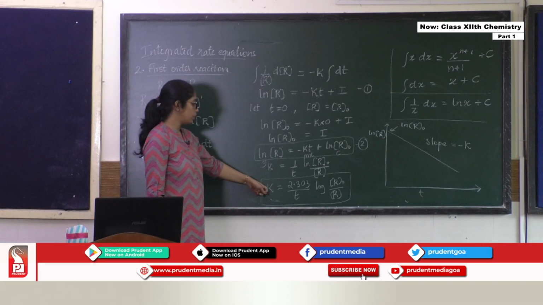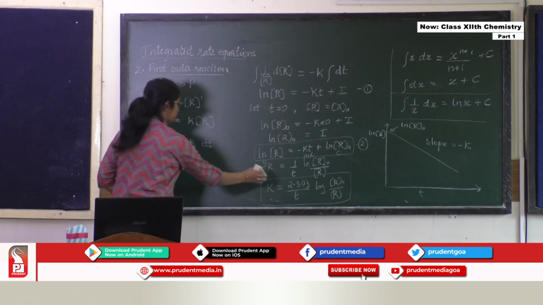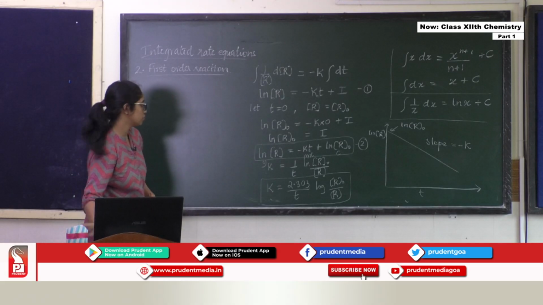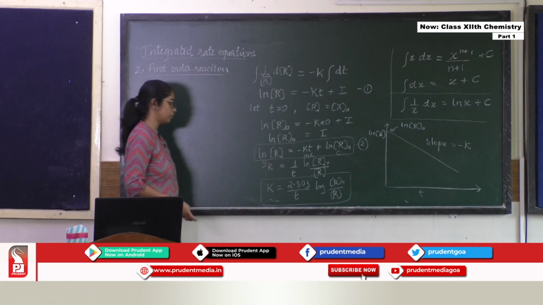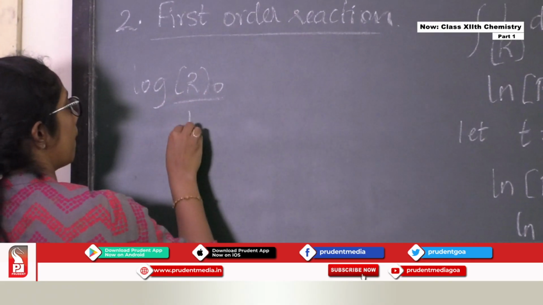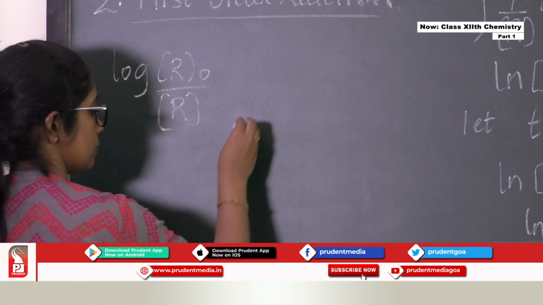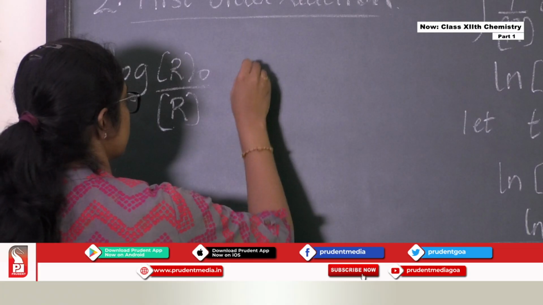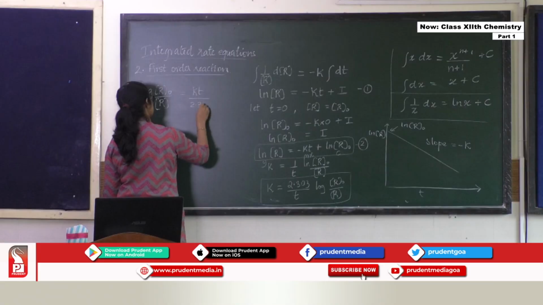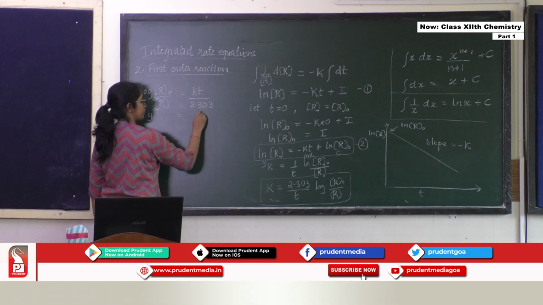Now another graph that we could plot using this equation is when I just rearrange the terms again of the final equation, that is k is equal to 2.303 upon t log of R naught upon R. Suppose I keep log of R naught upon R on one side and I get all the other terms on the other side. Now if you look at this equation, it is of the type y is equal to mx.